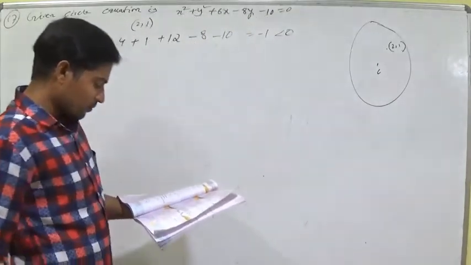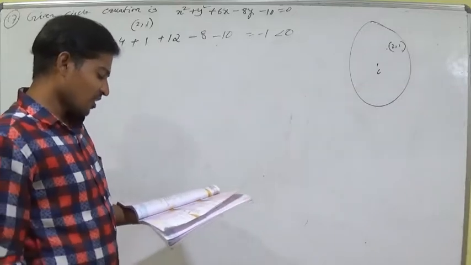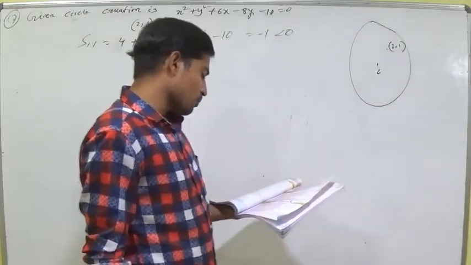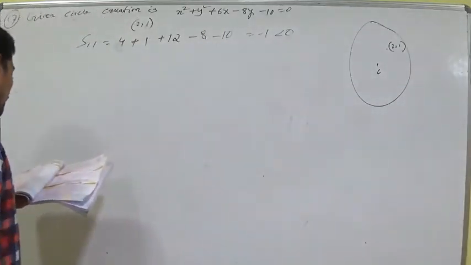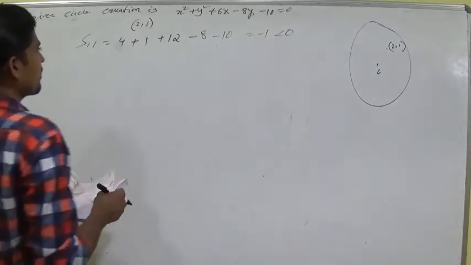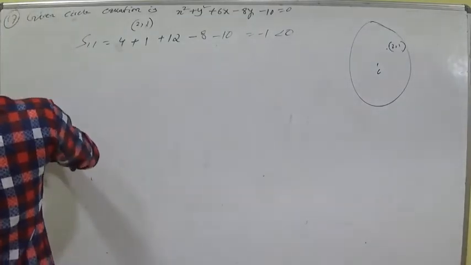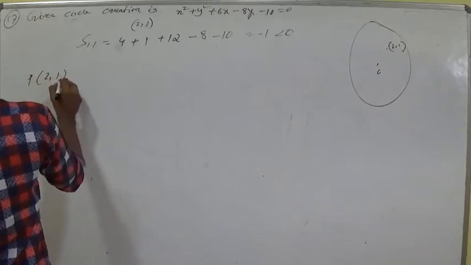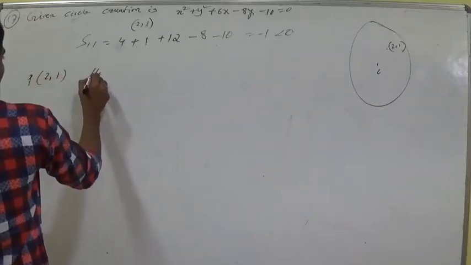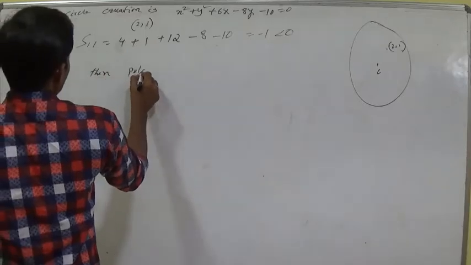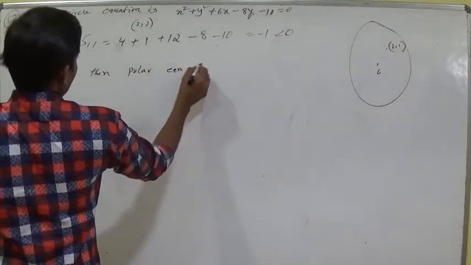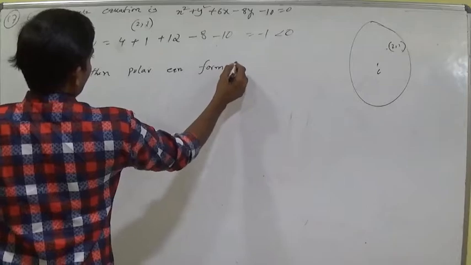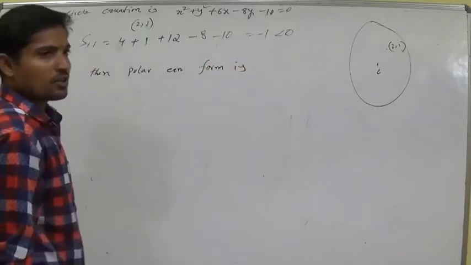The second is the pole of the line, the polar of the point. Let us see. The point is P(2, 1). Then the polar equation form is S1 equal to 0, no?